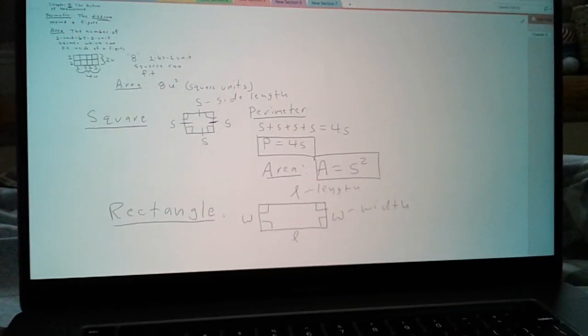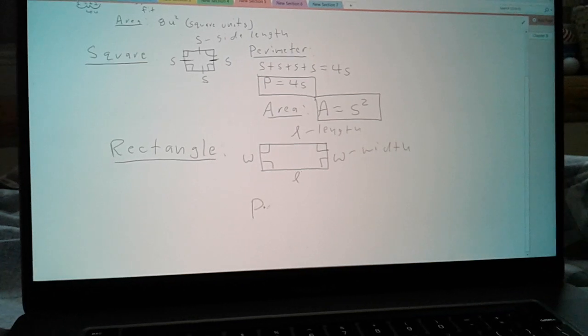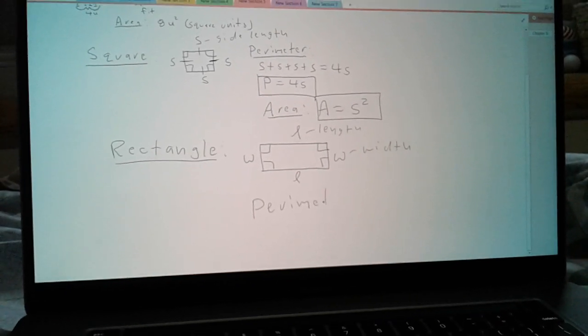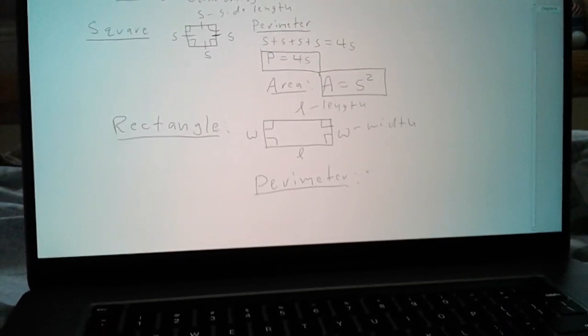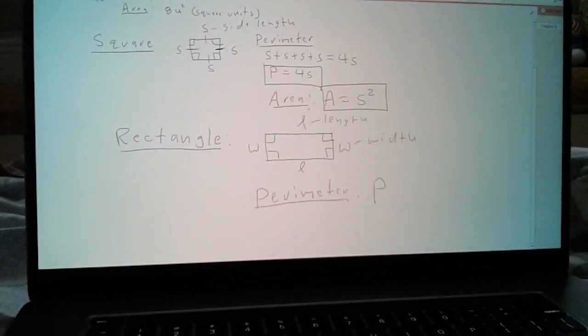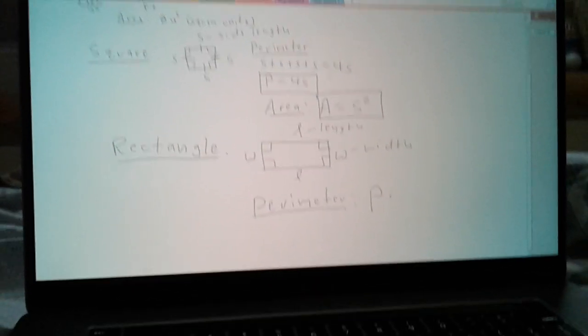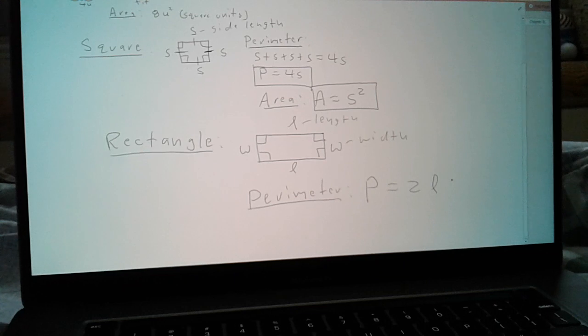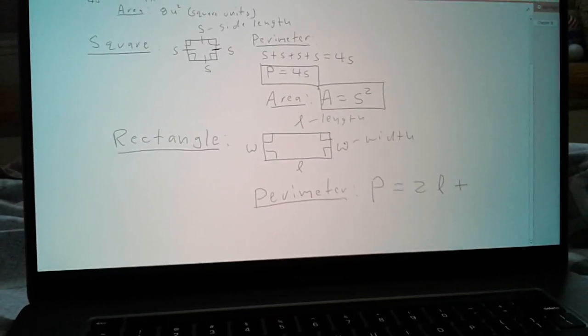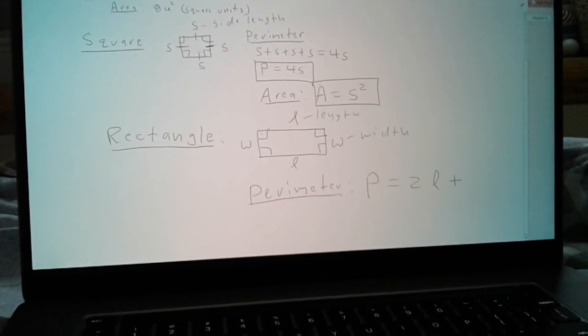So I care about finding the perimeter and the area, right? So the perimeter is the distance around the figure. So if I add L plus L, I get 2L. If I add W plus W, the opposite sides are the same. They're congruent.